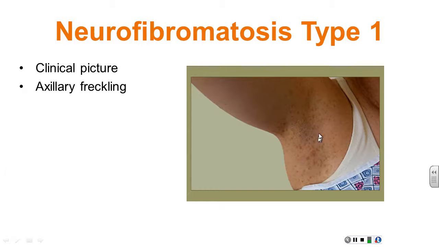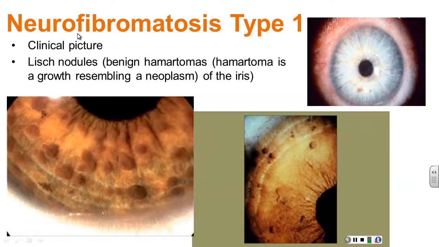Axillary freckling is something characteristic of NF type 1, so you've got freckles on the armpits there. And you can see this person doesn't have any neurofibromas in that section, so they're not as severely affected. Another big symptom that's very characteristic of only NF type 1 is Lisch nodules.